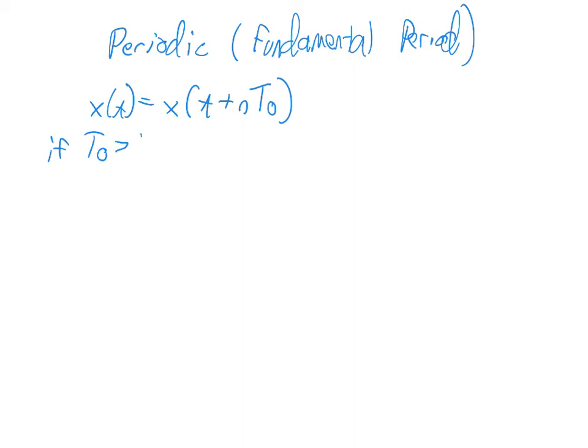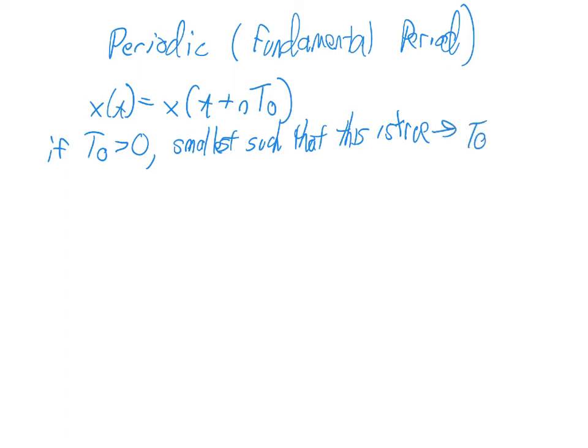So if t0 is greater than 0, so we're going to have positive periods here, and it's the smallest such that this is true, then we say t0 is a fundamental period.